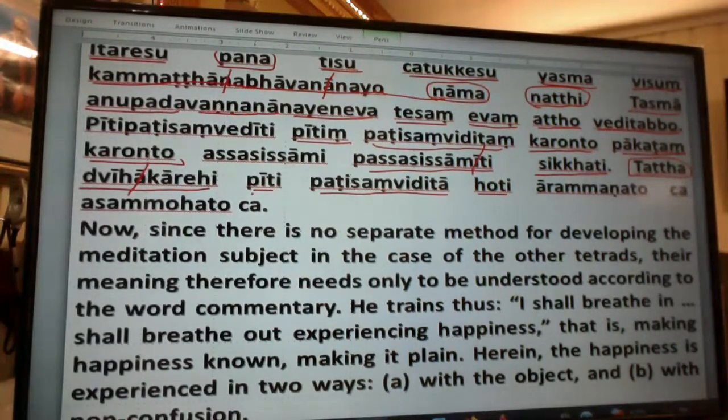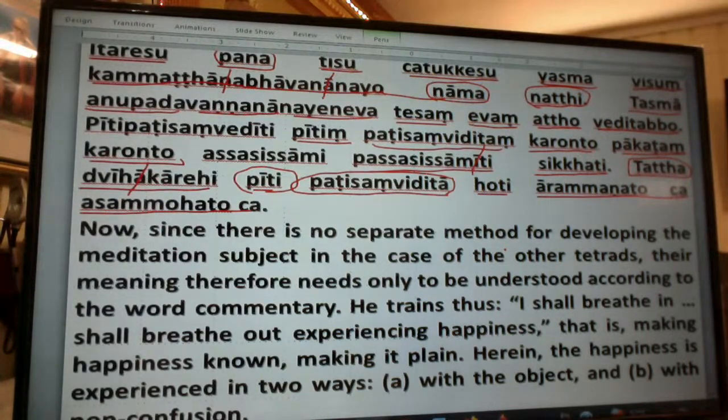Piti is the joy. Pati Samvedi is making it very clearly understood in the mind: Aramana Doja, as an object, and Asamoha Doja. Moha is ignorance, so asamoha is no ignorance. So two kinds.